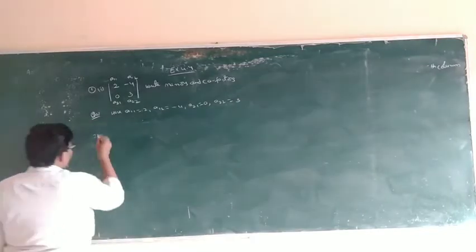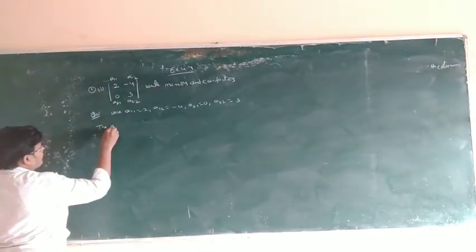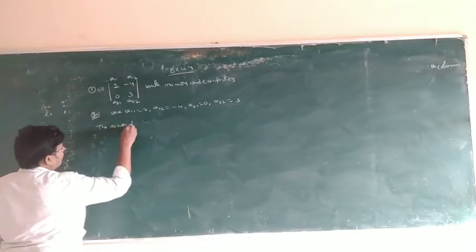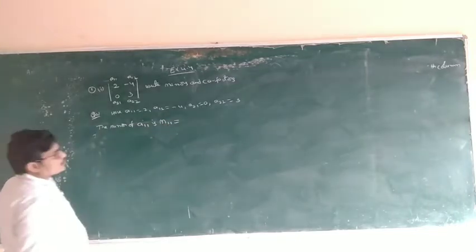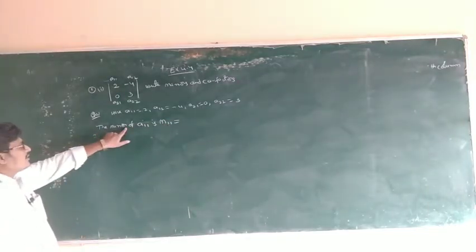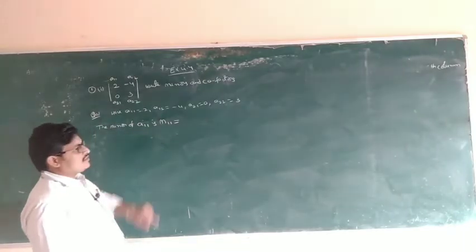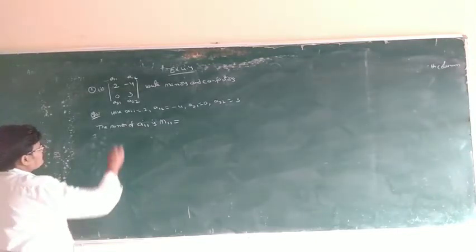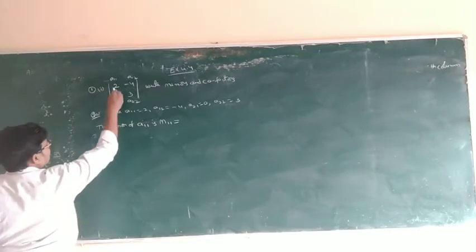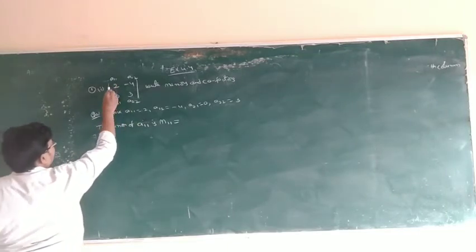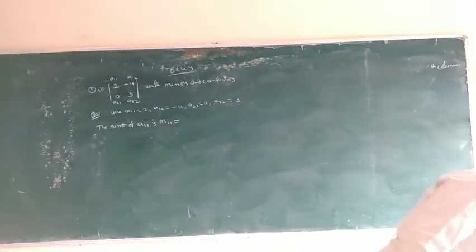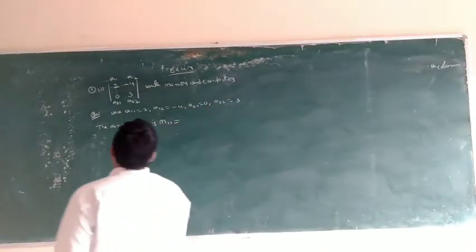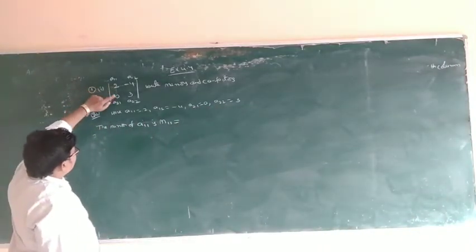So the minor of A11 is capital M11. For 2, which is A11, the corresponding row and corresponding column are deleted.